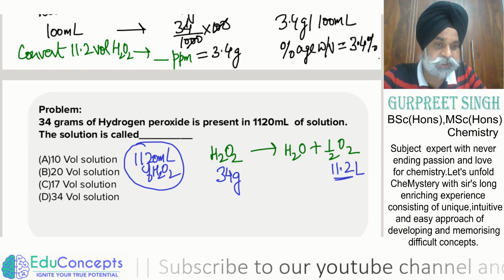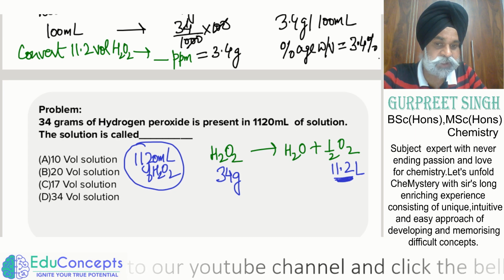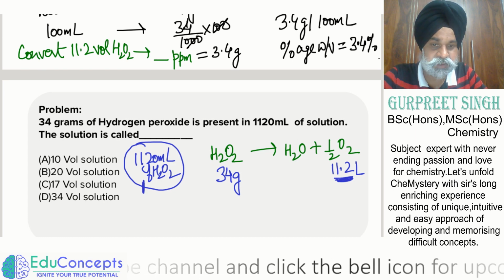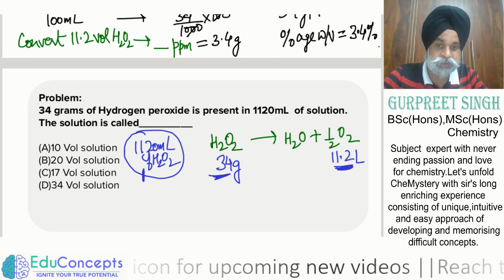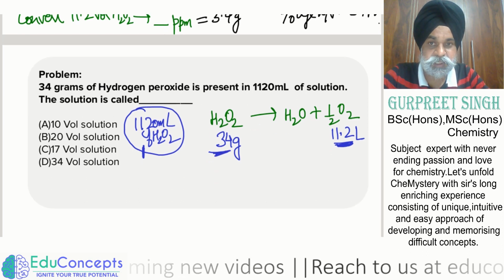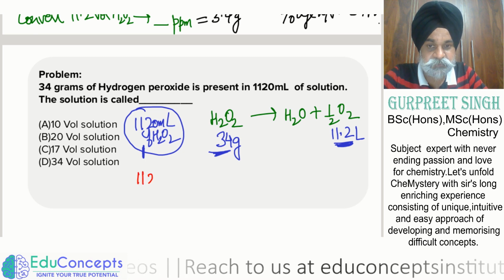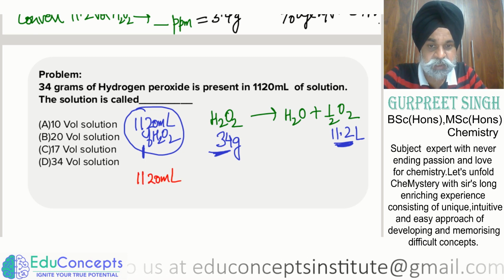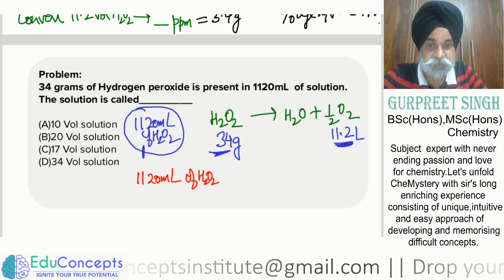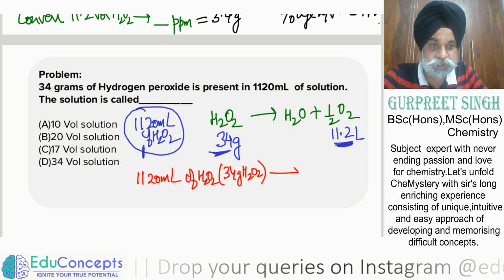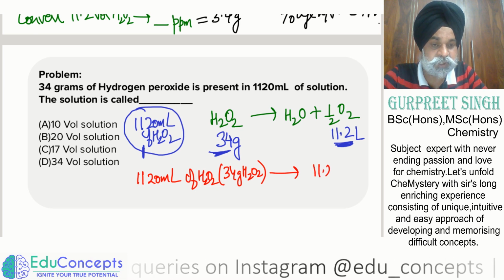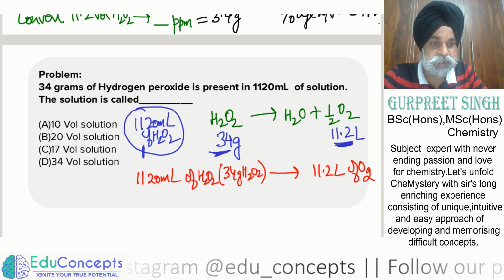So simply it means 11.2 liter of oxygen is produced from this much ml, because this much ml is containing 34 gram. Got it? So I may say now the thing is easy, that 1120 ml of H2O2, which is consisting of 34 grams of H2O2, is going to produce how much oxygen? 11.2 liters of oxygen. Is it okay?